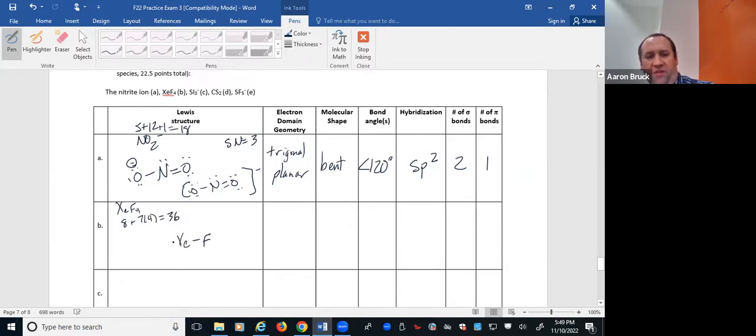If I draw out the simple structure, I end up with 32 electrons in total. 8 in each direction times the 4 directions, 32. I'm still short 4. If I find that I'm short electrons, where do they go? They go in the middle.